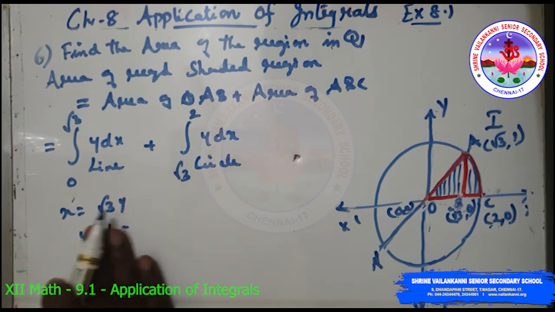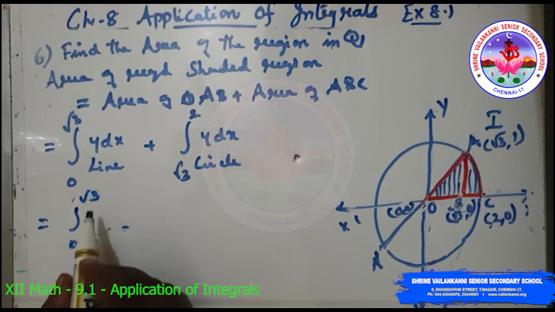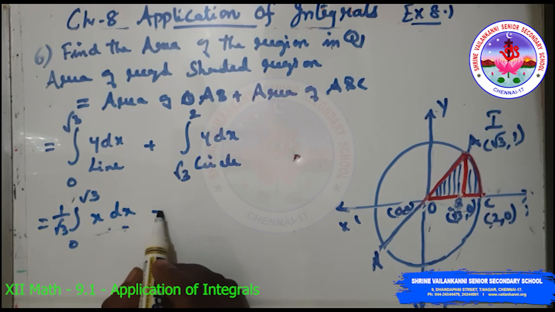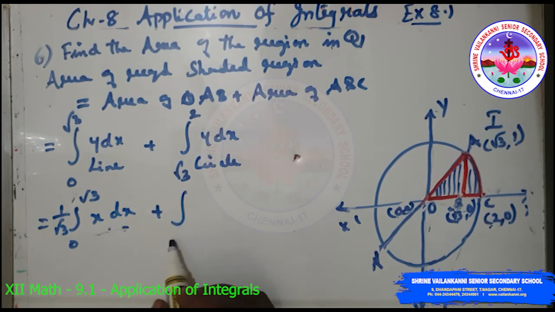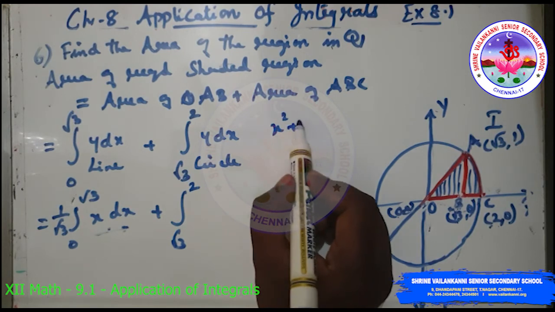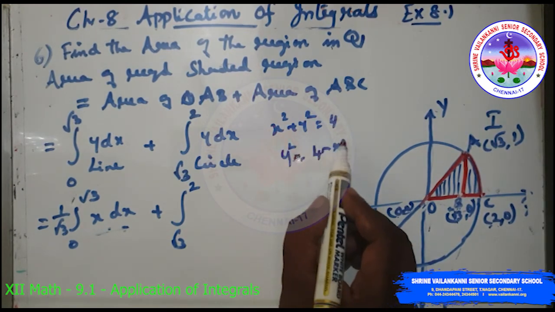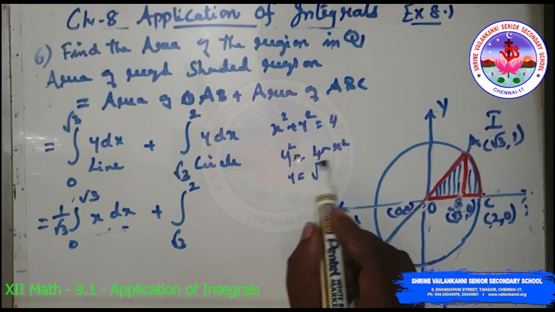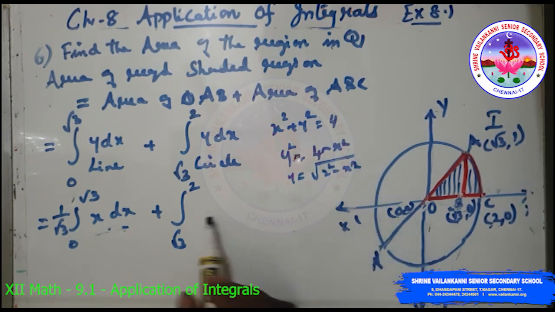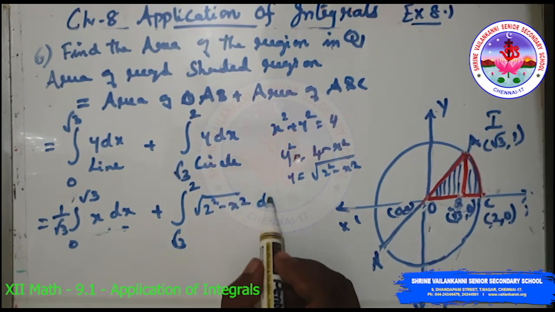So I can write this as integral from 0 to root 3 of 1 by root 3 x dx, plus the limit from root 3 to 2 of the circle. The circle is given as x square plus y square equal to 4, so y square equal to 4 minus x square. So y equal to root of 2 square minus x square. So writing this as root of 2 square minus x square dx.